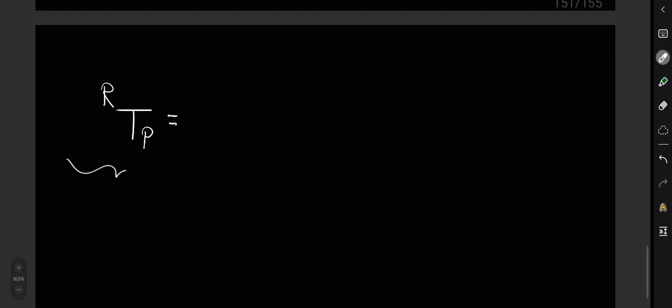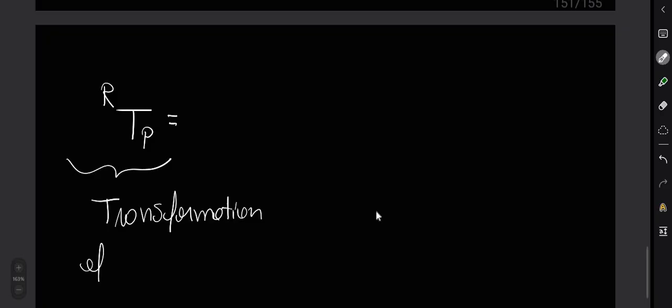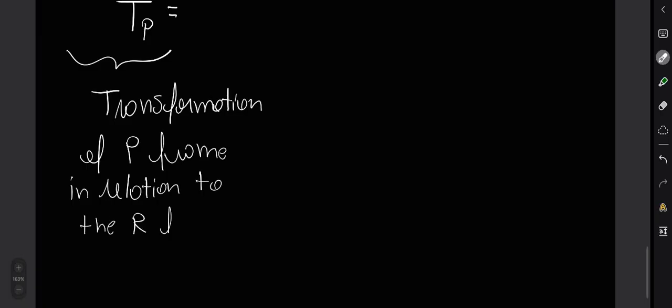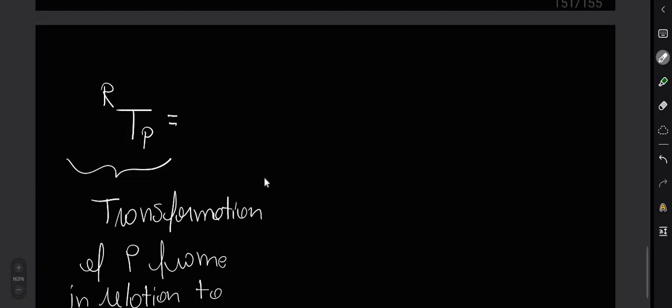So I can write that it is the transformation of, of course, the P frame in relation to the R frame. Now it's up to you. What is the P frame and what is the R frame?